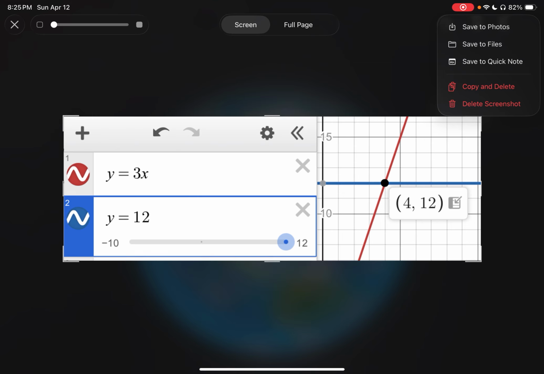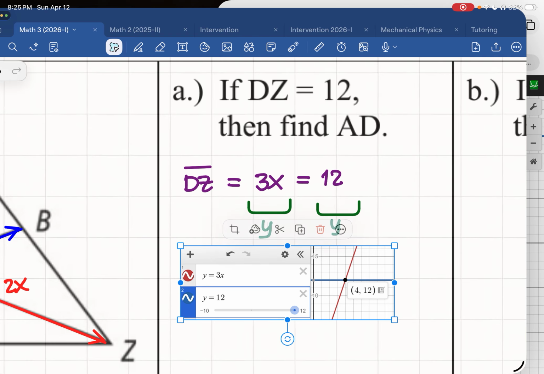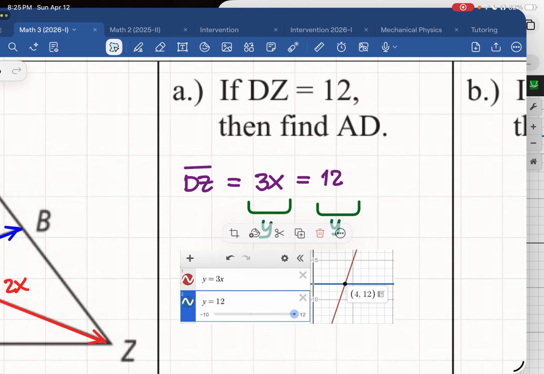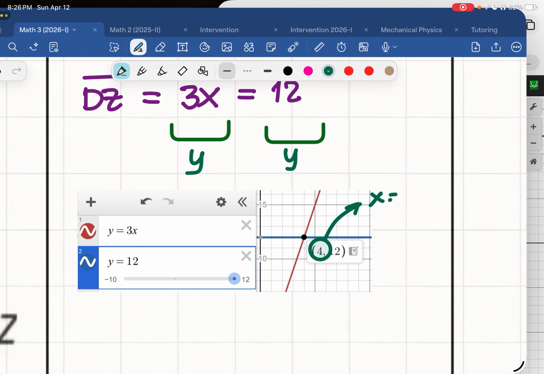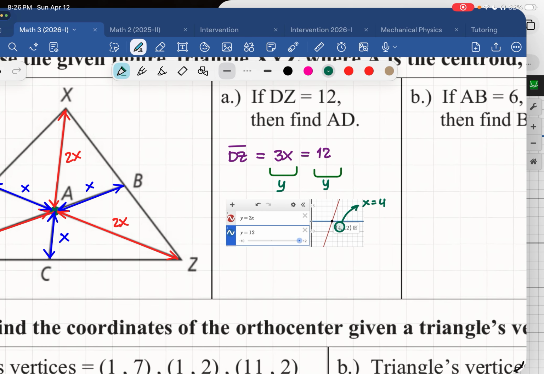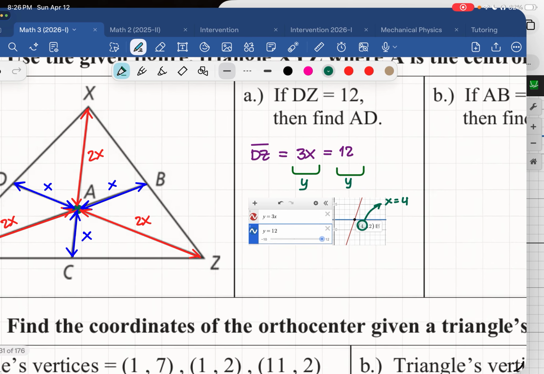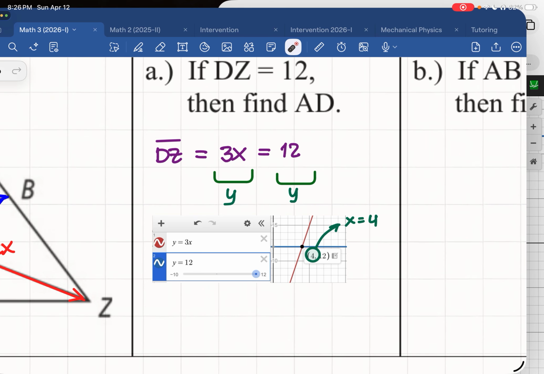Okay, go ahead and put it here. Okay, and since we're looking for x in this case, which is what? 4, right? So I can say x is equal to 4. Okay, so remember, guys, one more thing, because I know you.